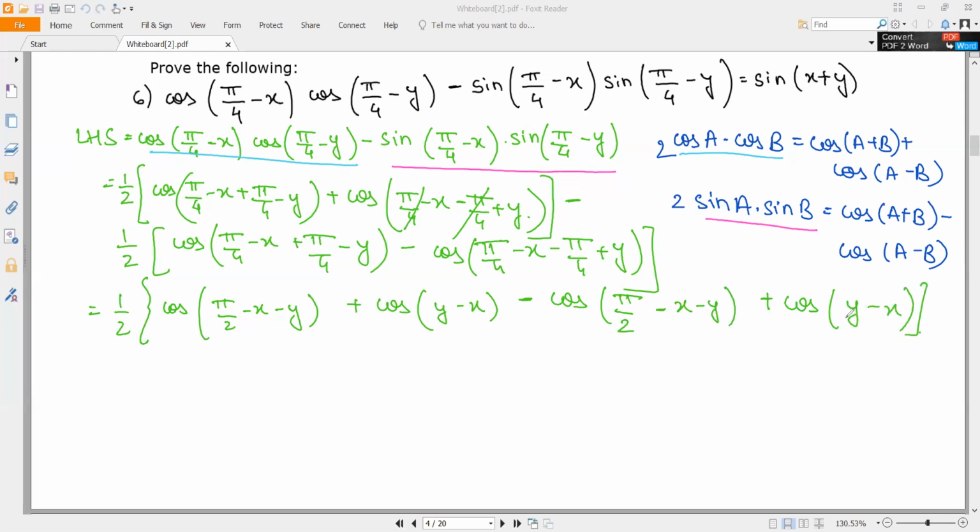Now what? In the given question, it is positive or negative. It is negative, so these two should get cancelled. Wait a second, there's something wrong with it.